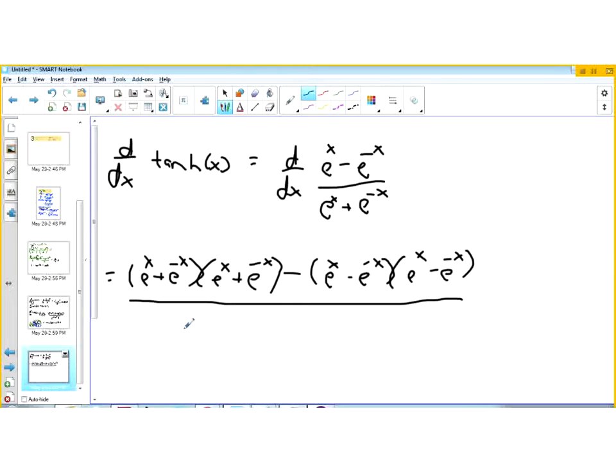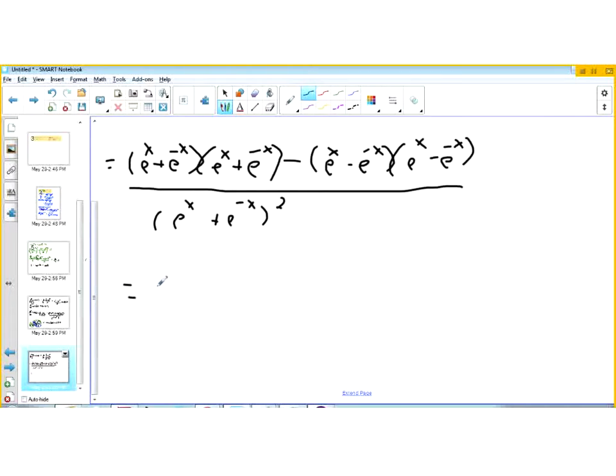So that would be e to the x plus e to the minus x, quantity squared. Right. So now we can simplify the numerator. So that would be e to the 2x plus 2 plus e to the minus 2x. I just did a FOIL.